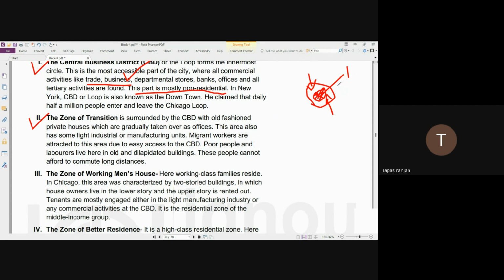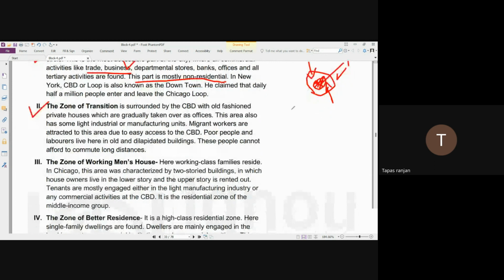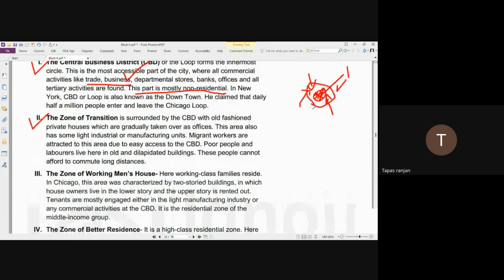So that's why we see this zone of transition in the second zone, and poor people basically live here. In urban settlements, I think we have discussed gentrification, and that concept is well suited to the zone of transition. A lot of poor people and laborers live here, and sometimes that leads to the development of slums within different corners of the city, and that zone is basically the second zone.